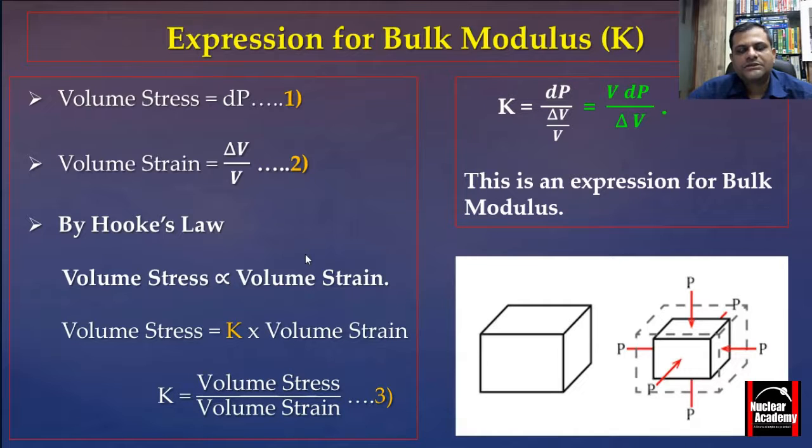So volume stress is going to be some constant K into volume strain, so that the constant of proportionality K happens to be the ratio of volume stress to the volume strain. And this ratio is called bulk modulus, and it is equal to dP upon dV by V, which can also be written as V into dP by dV. And this is going to be the expression for bulk modulus.